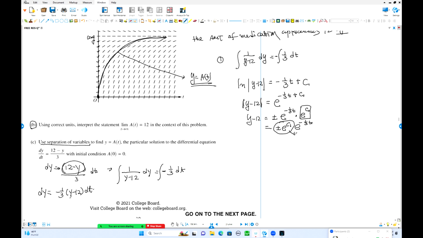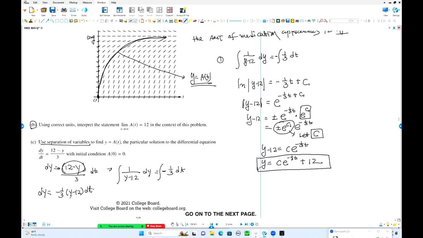Let this be C, the final C. So y minus 12 equals C e to the negative 1/3 t. That's it. Now express y: y equals C e to the negative 1/3 of t plus 12.